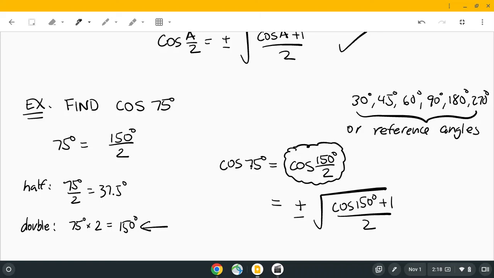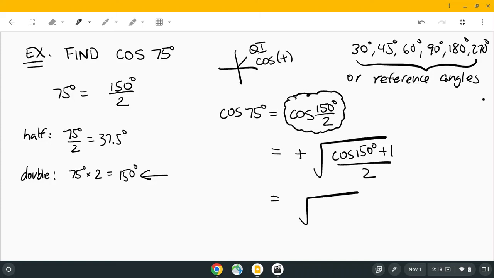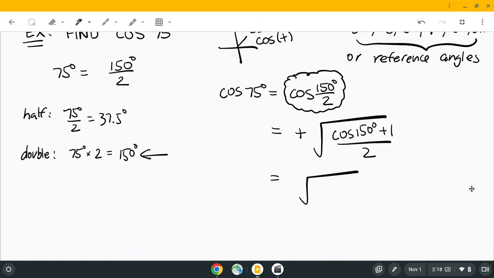Where is 75 degrees? 75 degrees is somewhere in quadrant 1, and we know that the cosine will be positive. They're all positive. So here, I'm not going to use the negative. I'm going to use positive, and I don't have to keep the positive there. It's understood.